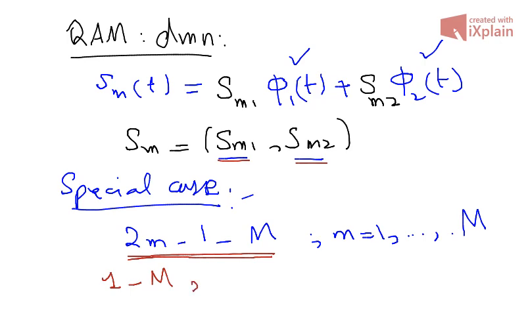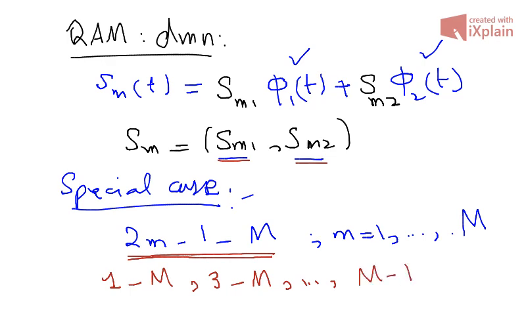Similarly, for m equal to 2, it would be 3 minus M, and so on. When it is capital M, the value would be 2 times capital M minus 1 minus M, so it would be M minus 1.